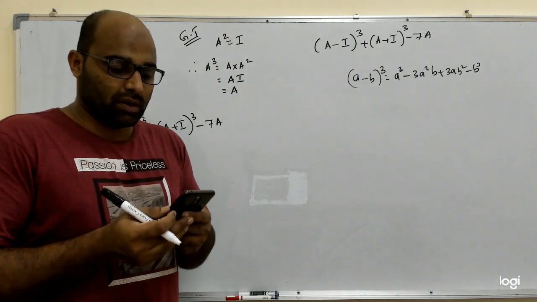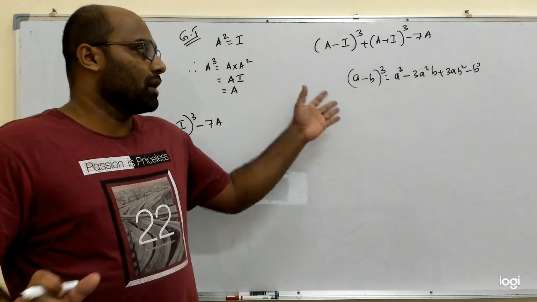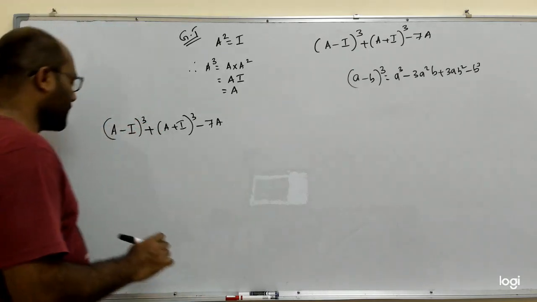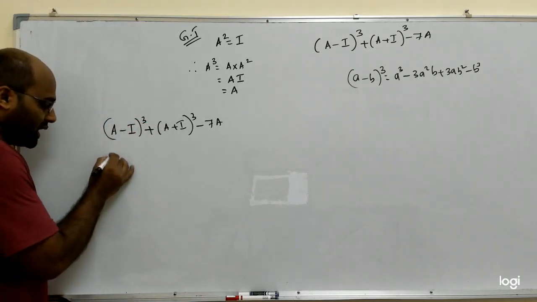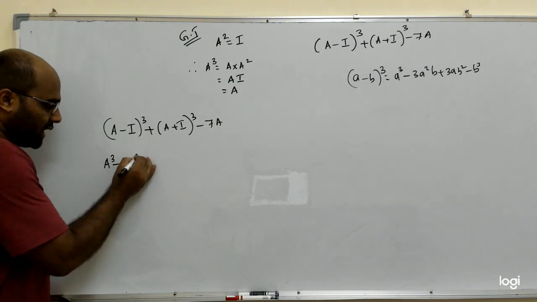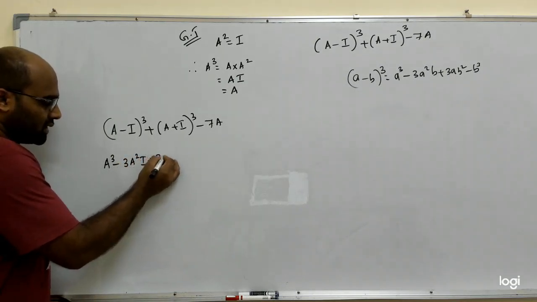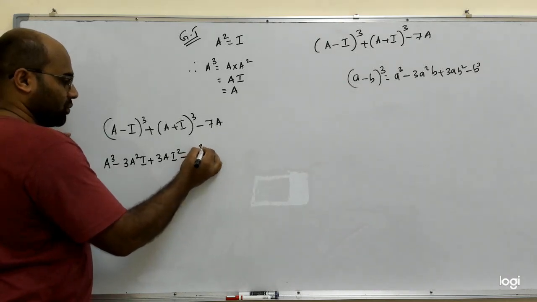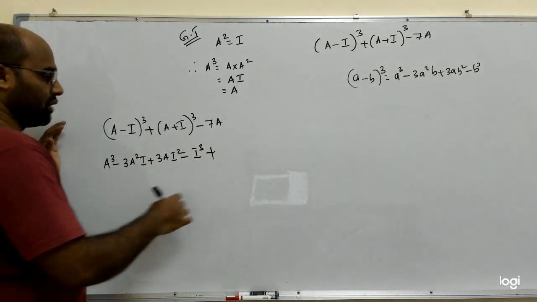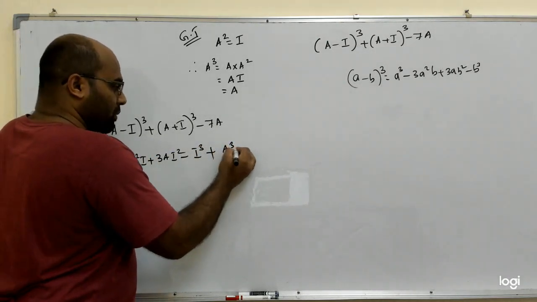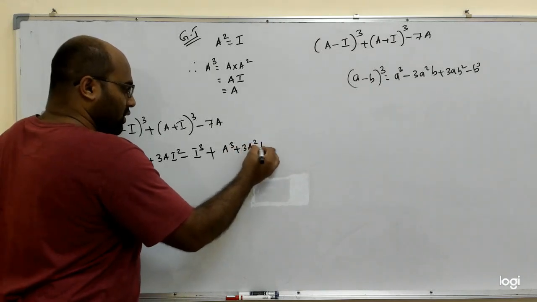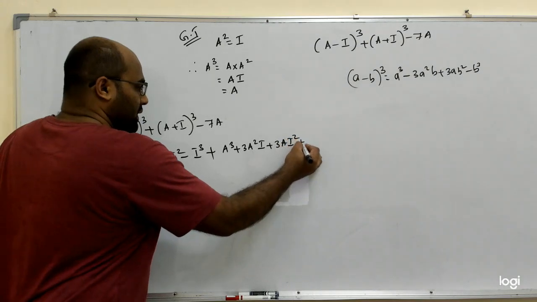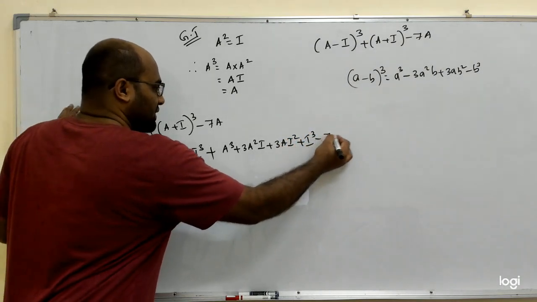Applying here, this will be A cube minus 3A square I plus 3AI square minus I cube, plus A cube plus 3A square I plus 3AI square plus I cube, minus 7A.